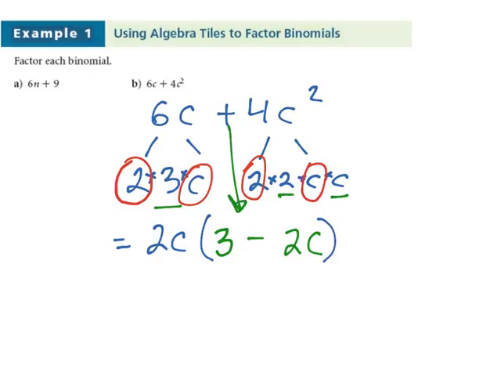And these are our factors. The answer that we had before was 2c times 2c plus 3. There is no order of operation for addition, so we could always write 3 plus 2c or 2c plus 3. It's the same thing.